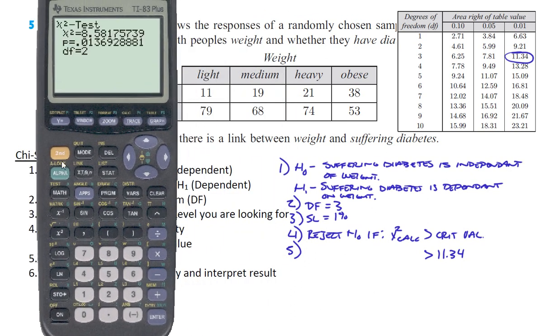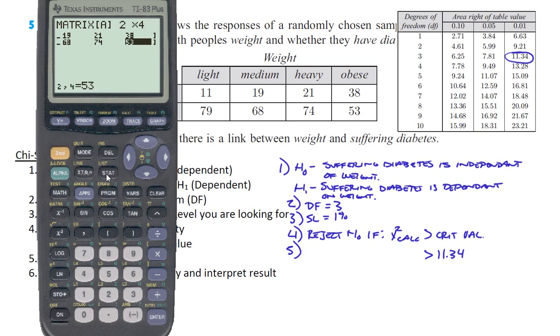Okay, so second matrix, go into edit. This is 2 rows by 4 columns, so 2 enter, 4 enter, and we'll put in our data. We got 11, 19, 21, 38, 79, 68, 74, and 53.